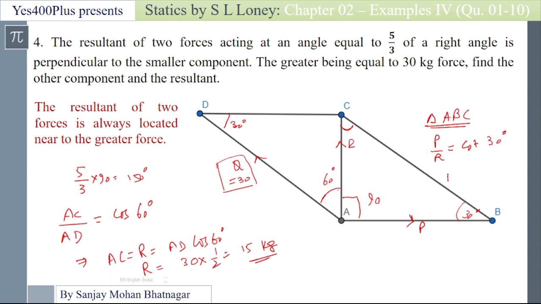Correct. So P is equal to R cot 30 degree. So P is equal to R, which is 15, and cot 30 is root 3. So this is 15 root 3 kg.